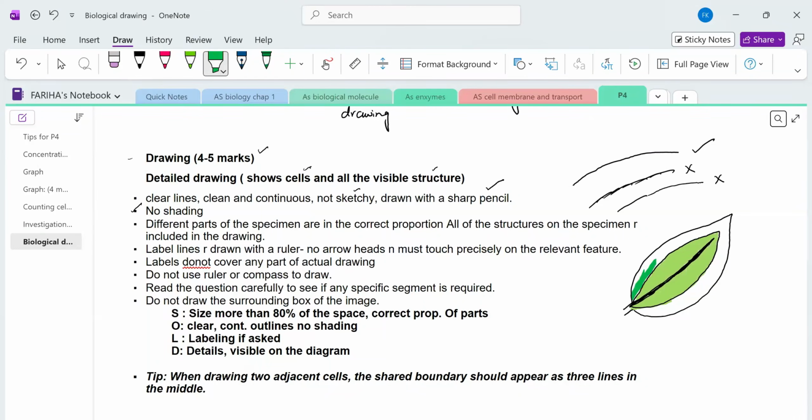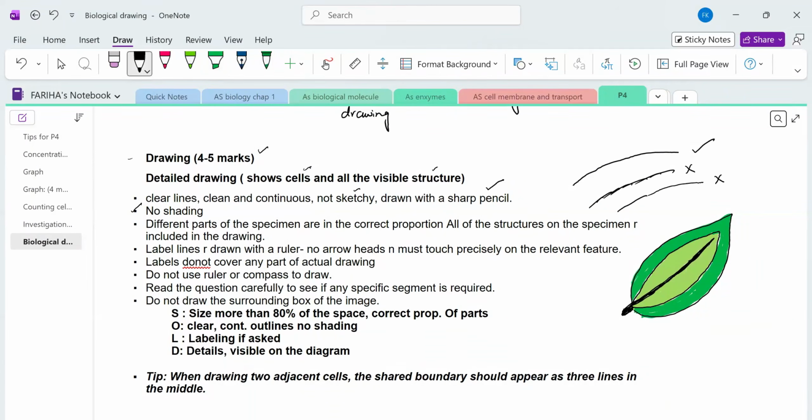So let's suppose the outer region is darker in color or white in color, and the inner region is lighter in color. Okay. And this is your stalk, which is shown in the diagram.